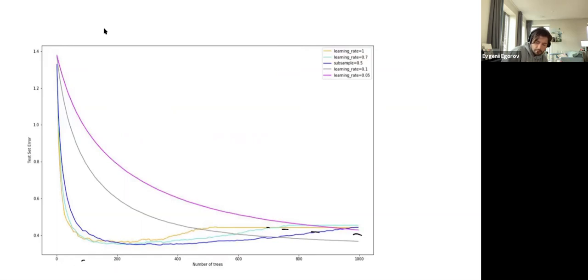Yeah, and the slowest decrease is with the smallest learning rate. So maybe the answer is the gray line, which has a middle-sized learning rate.